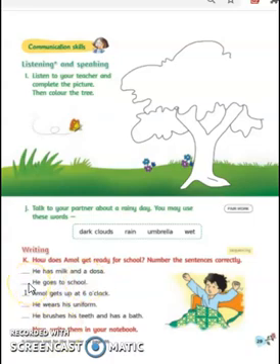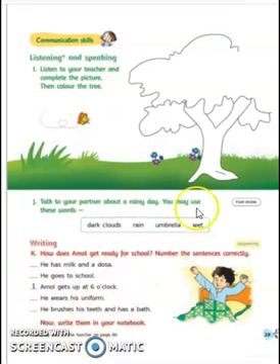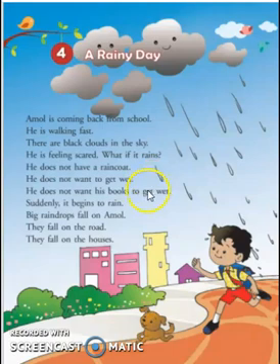This is number 5. You can do it by yourself and you can even do the coloring of this picture in page number 29. Okay, that's all for today. So complete the exercises in page 27 and 28 and 29 also.